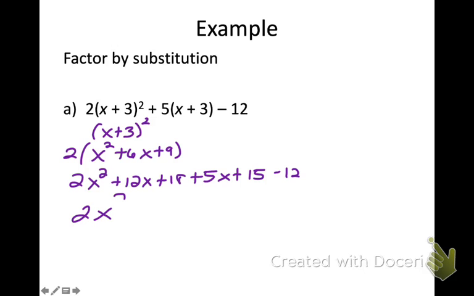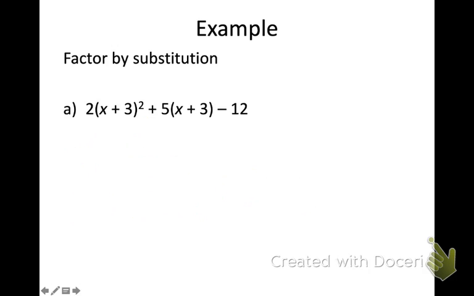Then I could combine all my like terms, which would get me 17x. 15 minus 12 is 3, plus 18 is 21. And then we have that trinomial, which we then could factor. 2 times 21 is 42. Find factors of 42 to get you to 17x, right? So you could do it that way.